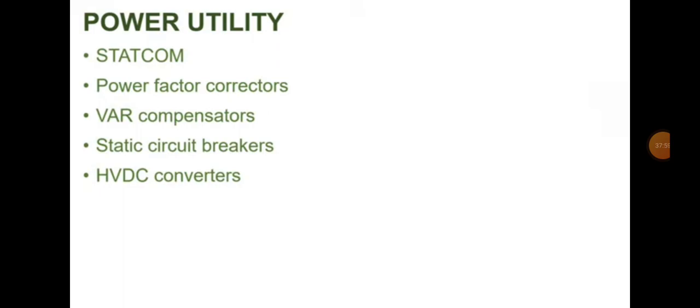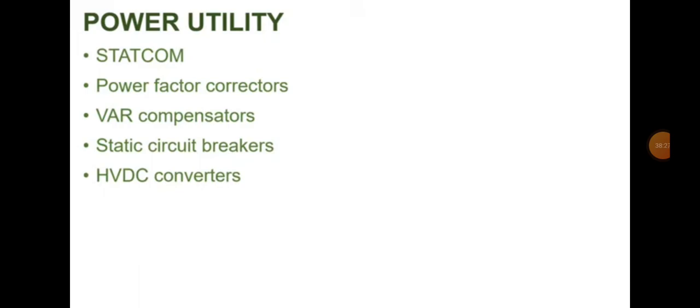In power utility systems, power electronics is used for maintaining the stability of the power system as well as improving the quality of the power supplied by it. Power electronic converters are used in STATCOMs, power factor correctors, VAR compensators, and static circuit breakers.